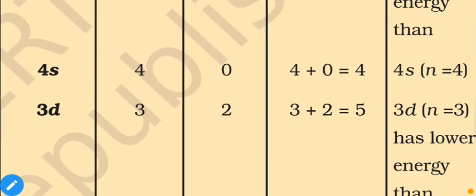So just follow n plus L rule. Lower energy belongs to 4s orbital and higher energy belongs to 3d orbital, because n plus L of 3d is 5 and n plus L for 4s is 4. So no need to concentrate on principal quantum number. Just concentrate on n plus L value. Higher the n plus L, more will be energy.